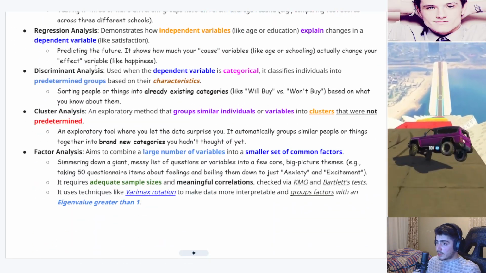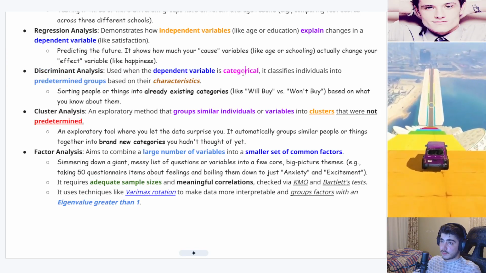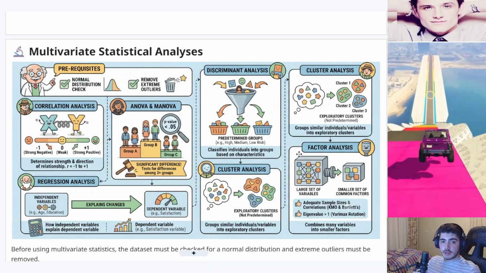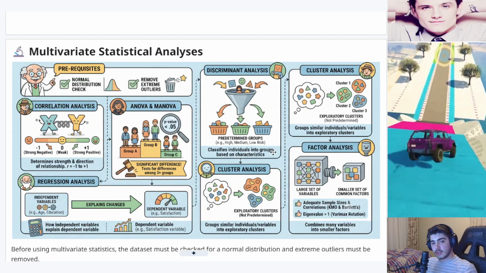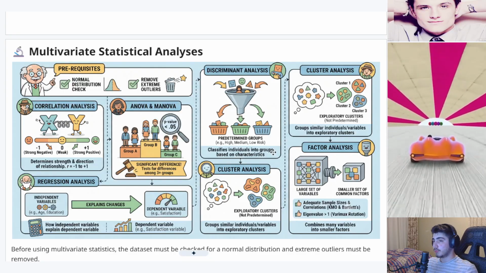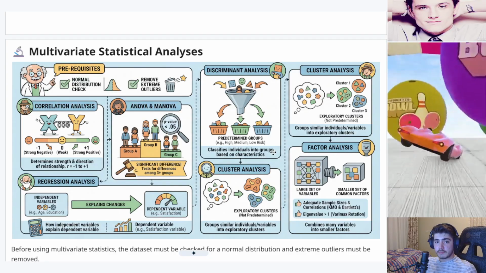A discriminant analysis is used when a dependent variable is categorical. So you are trying to discriminate things. To give a very offensive example, which will probably help you understand, is discrimination by race.